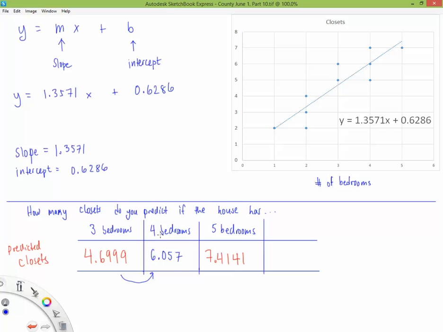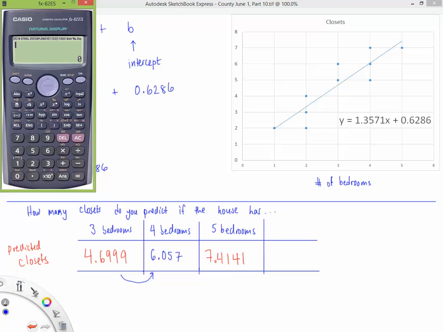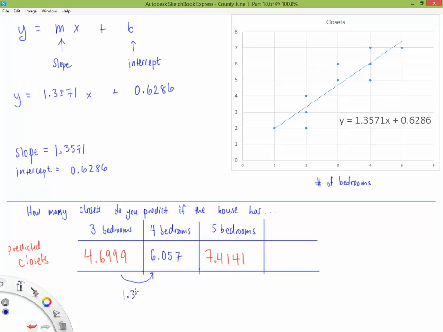So I would do 6.057 minus 4.6999. And what's the difference? 1.3571. Do we see that? Same question. How much does it change to go from 4 bedrooms to 5 bedrooms?